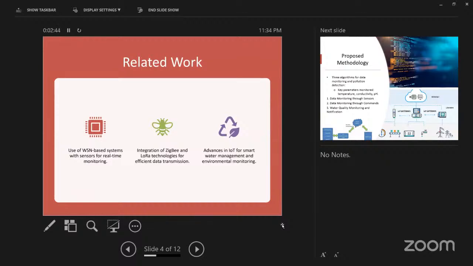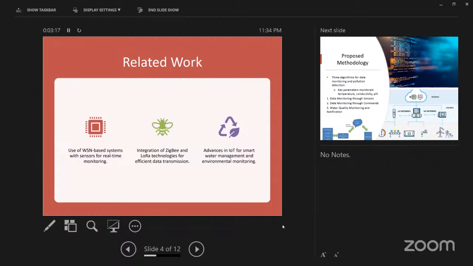If we look at the related work, there are wireless sensor network-based systems that are using sensors for real-time monitoring. From the networking domain, the integration of ZigBee and LoRa are some advanced technologies to improve the transmission of data from the premises to the monitoring location where the remote monitoring is going to be done.